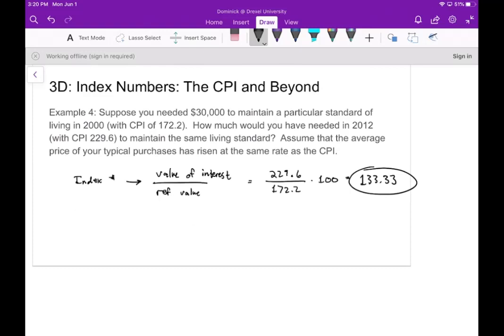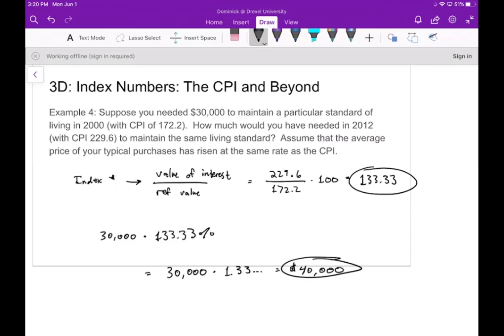So now if I want to find how much I would need, I'm going to take my 30,000 and multiply it by 133.33%, which of course just means taking 30,000 and multiplying it by 1.33 repeating, which would give you 40,000.